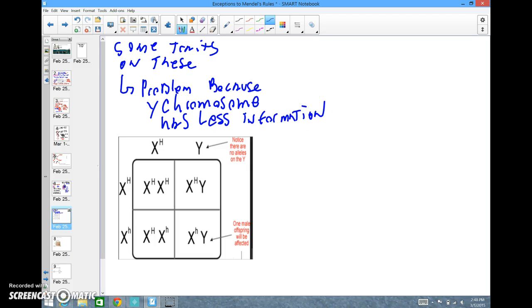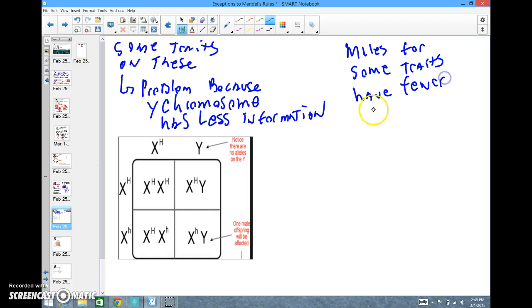And what this does is this creates a situation where males, for some traits, have fewer alleles. Okay. Over here you have a Punnett square. All right.